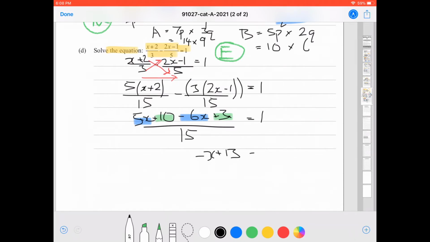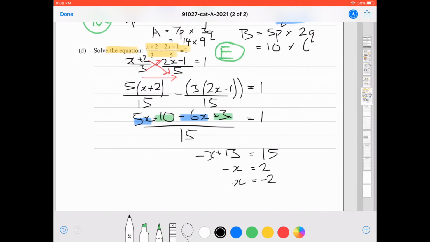And this equals 1; we'll take our 15 to the right-hand side by multiplying by 15 on both sides. 1 times 15 is 15. And so minus x equals 15 minus 13, so 2. If minus x equals 2, then x must equal minus 2.